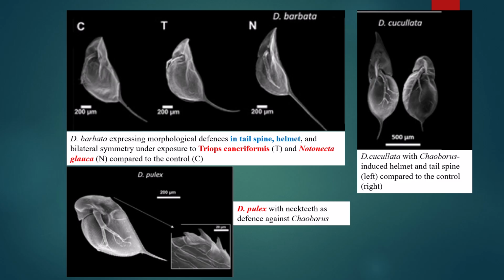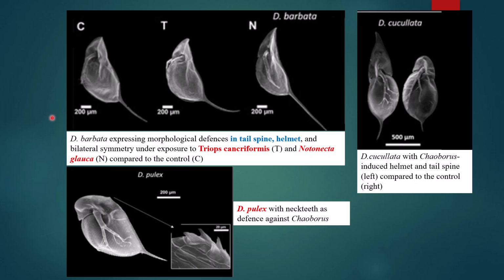So in this slide, we are going to see examples from different Daphnia species. So one is Daphnia barbata, Daphnia cucullata, and Daphnia culex. In all these three cases of different species of Daphnia, it has been observed.